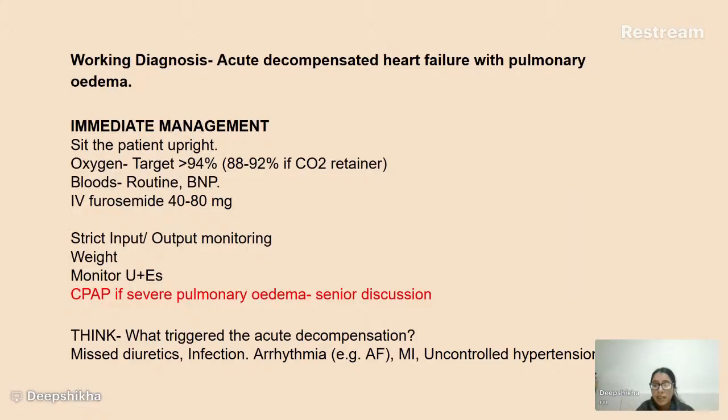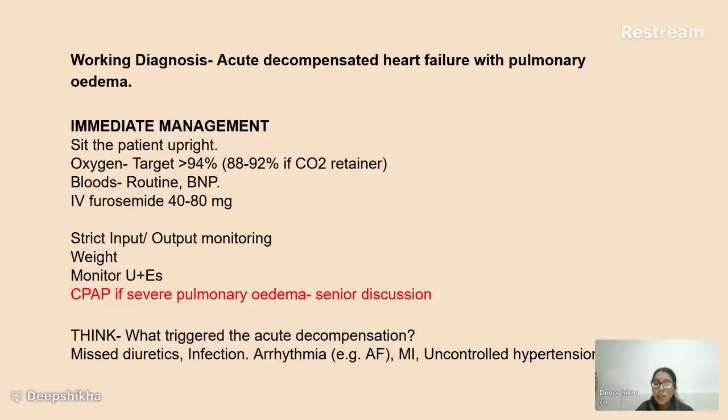For example, if she had already documented heart failure, was already on diuretics, already on the 4 pillars of heart failure medications, why is she decompensating now? Could be because she's missing diuretics, could be because of an infection, also could be because of AF.